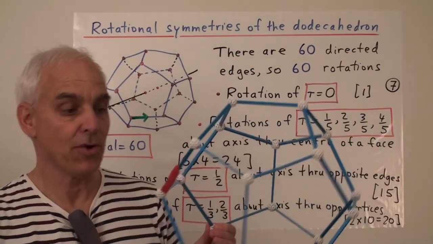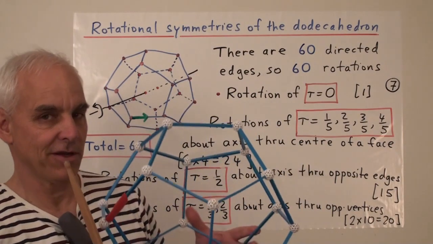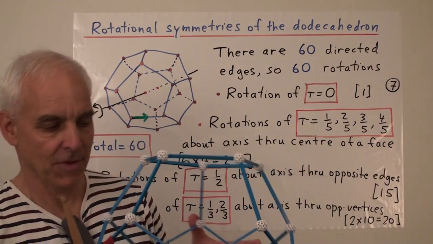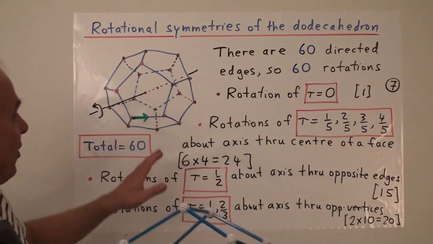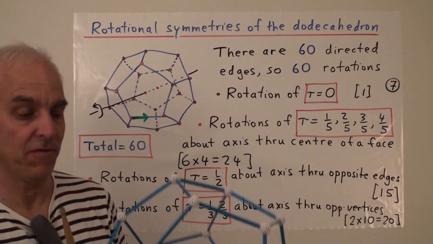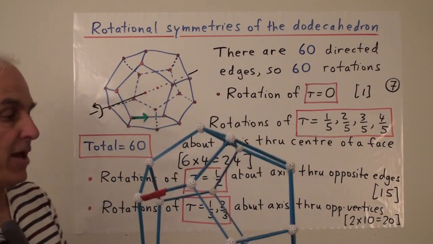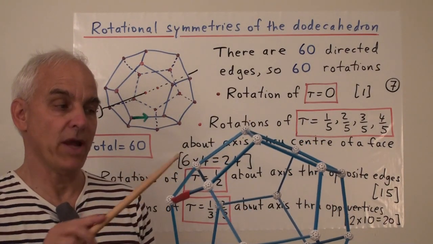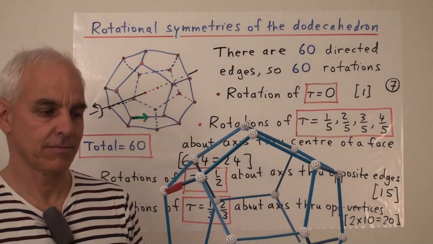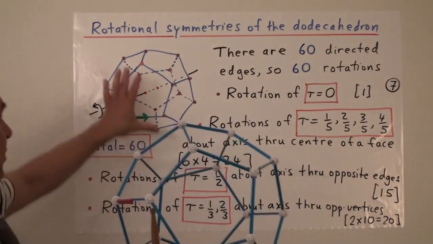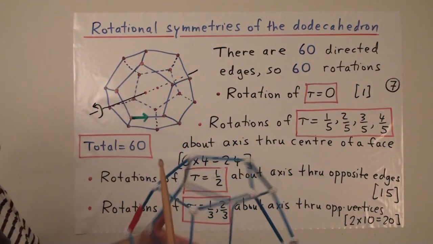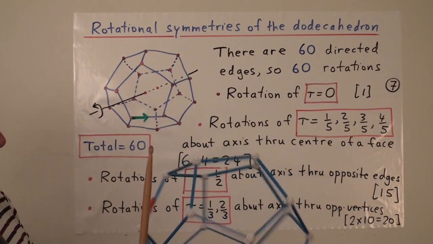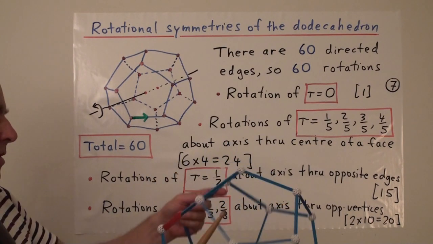Okay, so now we come to our favorite Platonic solid, the dodecahedron, which I remind you has 12 pentagonal faces. It has 30 edges and 20 vertices. And if we want to try to put it in something of a standard position, perhaps we could do that like this.